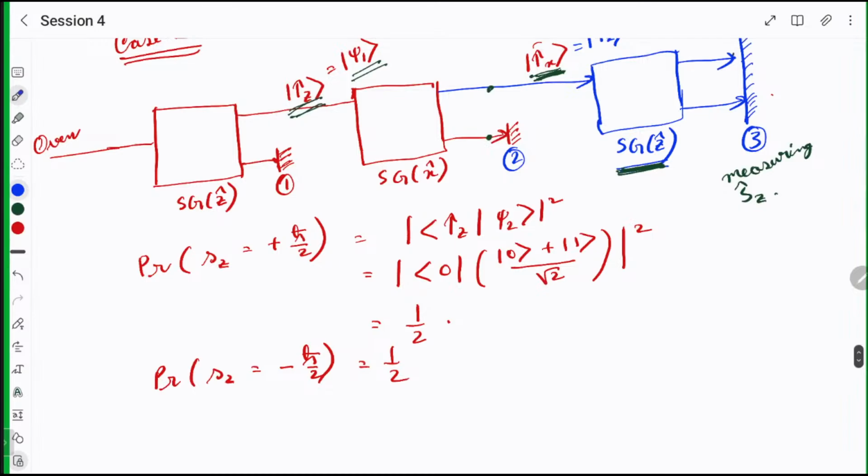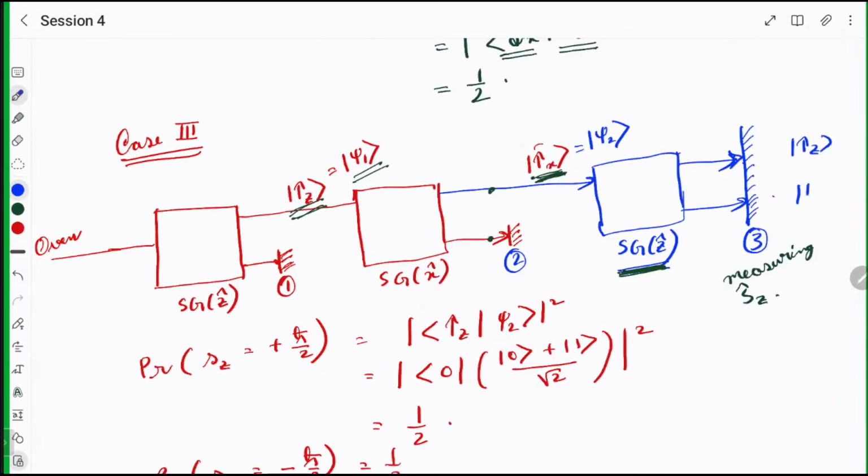But you are right that only up state was suggested. You are right from a classical point of view, because the first Stern-Gerlach filters out the up z state, the second Stern-Gerlach filters out the up x state.